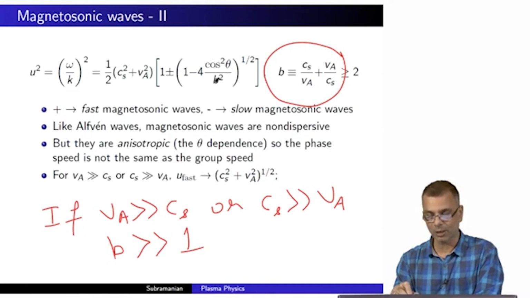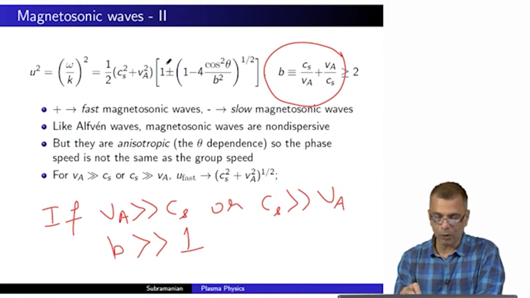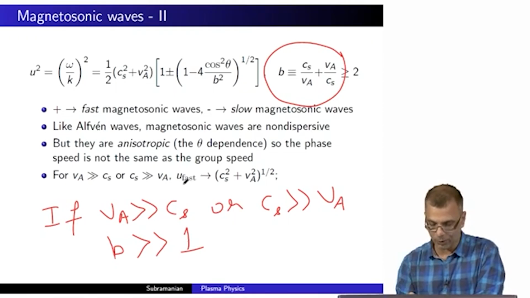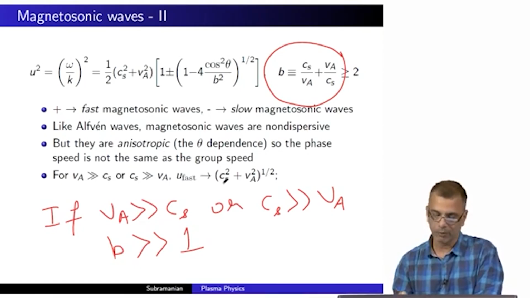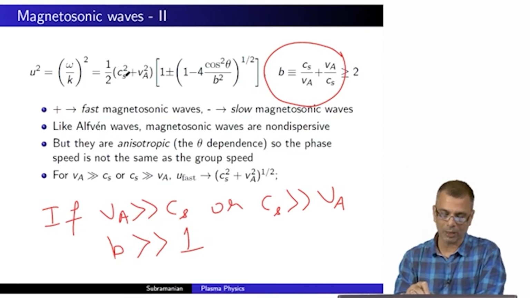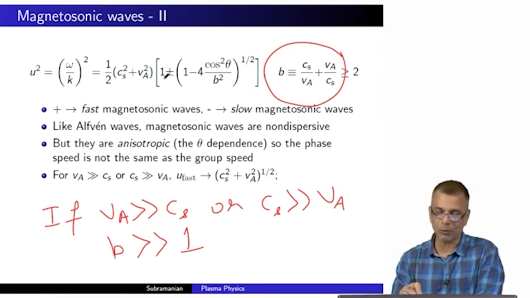So this entire chunk is not there, and if you look only at the positive branch, in other words, if you look only at the fast magnetosonic waves, the U fast, which is the phase velocity of the fast magnetosonic wave, is simply square root of CS squared plus VA squared. Out here. In other words, only this one is important.